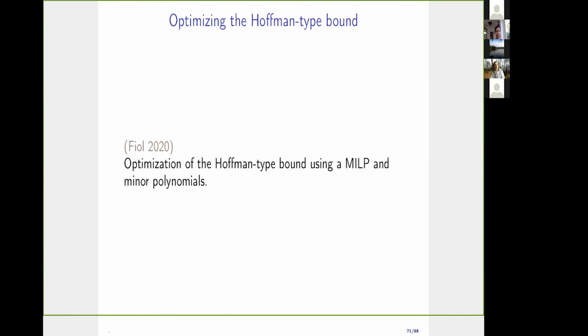Okay, so what about the Hoffman type of bound? This was solved by Fiol this year as well, 2020. I think his paper is already published in Linear Algebra and its Applications. So he provides the optimization counterpart for the Hoffman type of bounds that we have seen, also using mixed integer linear programs, and he introduced the so-called minor polynomials.